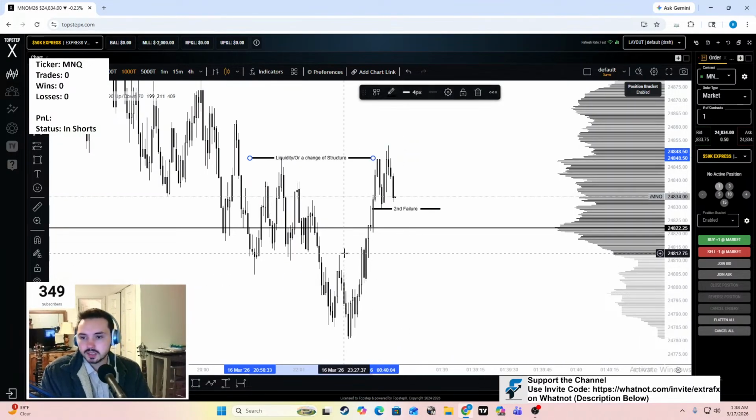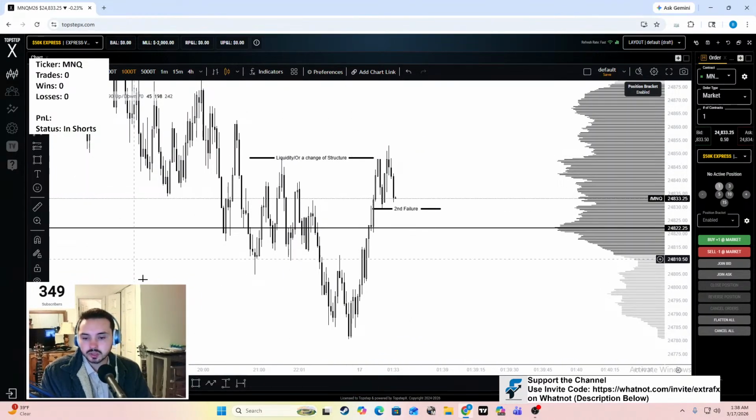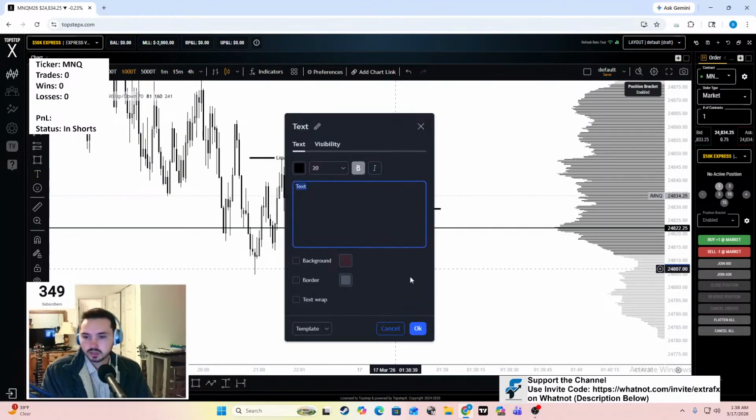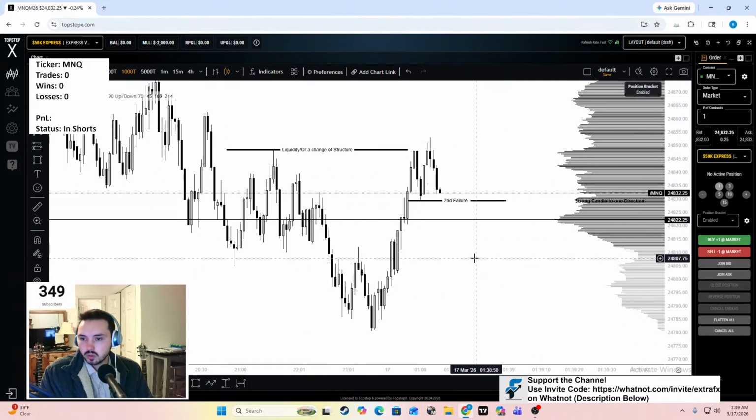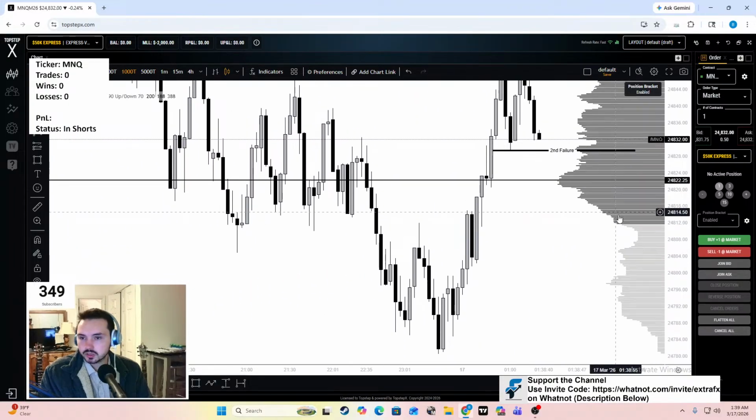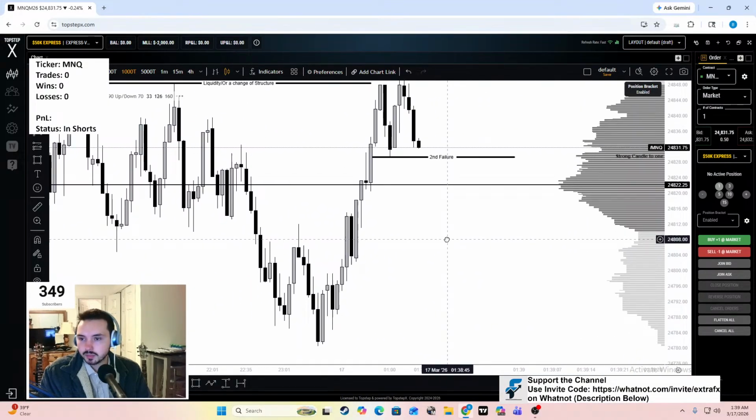And all I want to see is a confirmation. I want to see a pretty strong candle to one direction. Okay, I don't need it to be that big. So I just want to see a strong candle give me an indication of which direction we're going to go to. And what I can do is I can scroll my screen so I only see this amount right here.